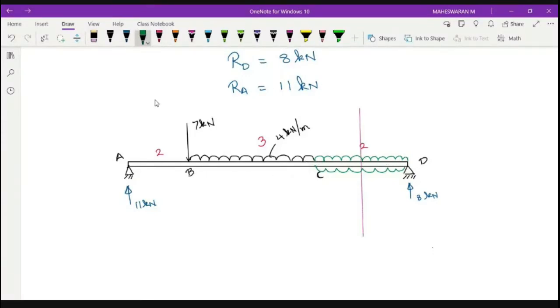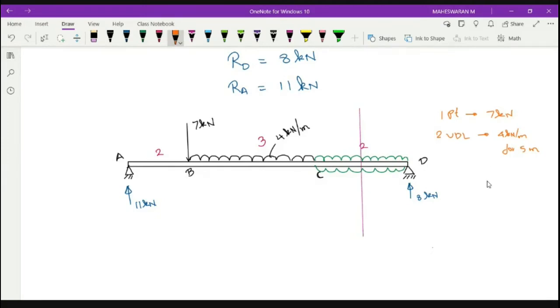Now, if I figure it out, I have one point load, which is 7 kilonewton. I have two UDLs. The first one is 4 kilonewton per meter for 3 plus 2, 5 meters.